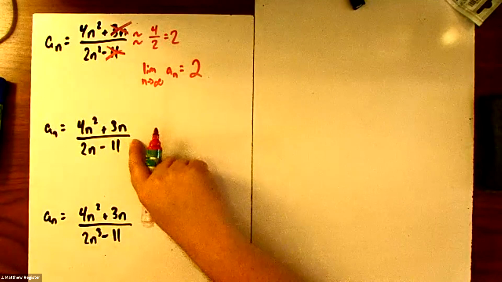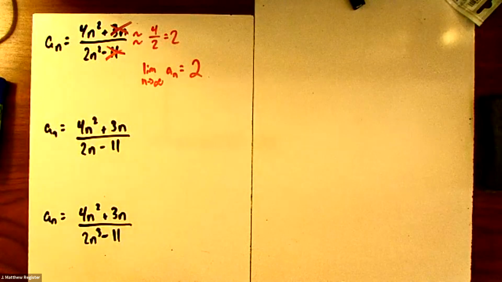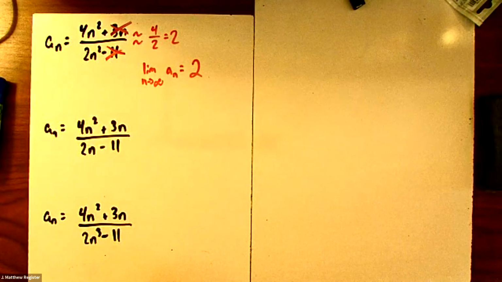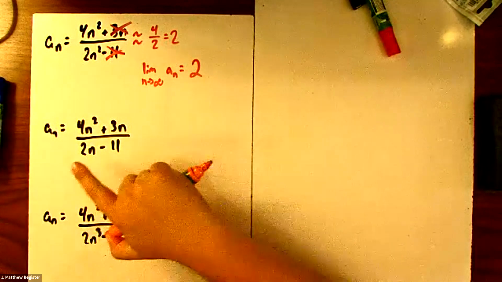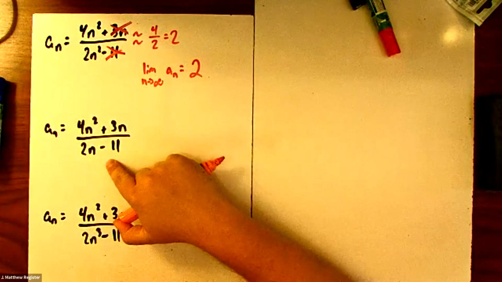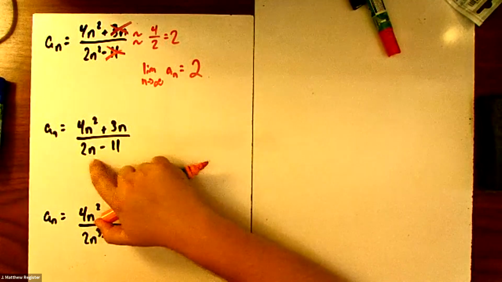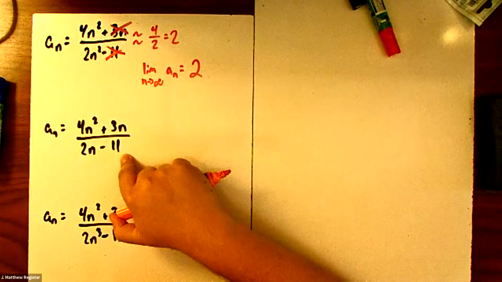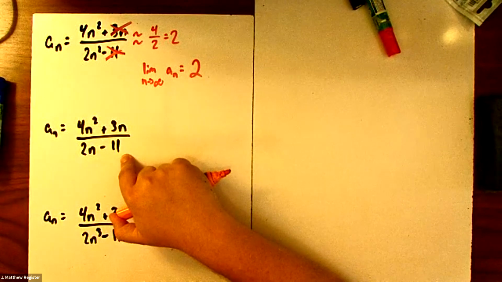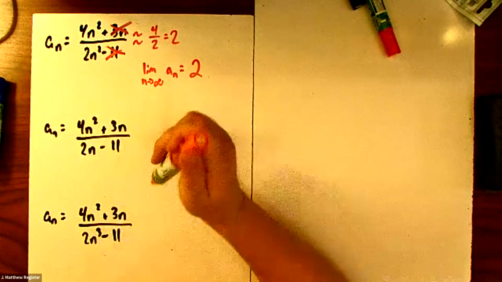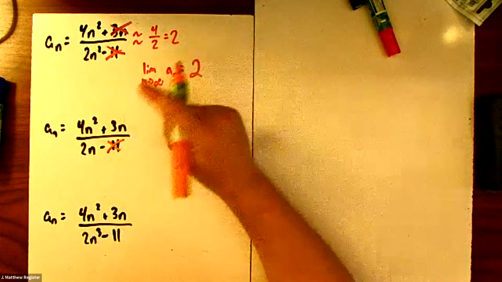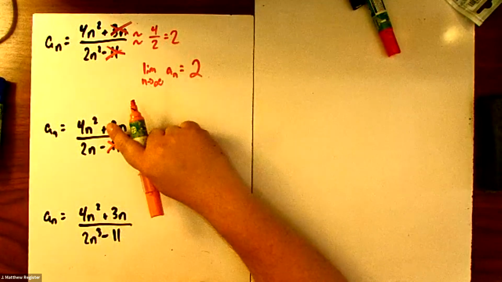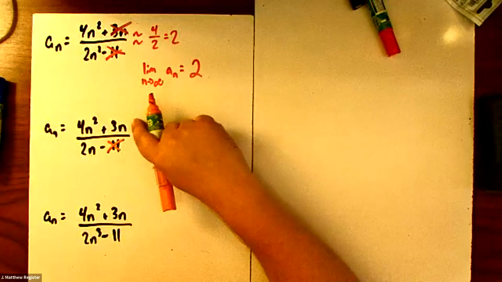We can do the same trick with this middle one. And so again, ask what happens when you are at really, really big numbers. Looking at the denominator, if you are at 1,000,000, we're going to get 2,000,000 minus 11. That minus 11 has almost no effect on this fraction. Same in the numerator. 4 million squared would be 4 trillion plus 3 million.